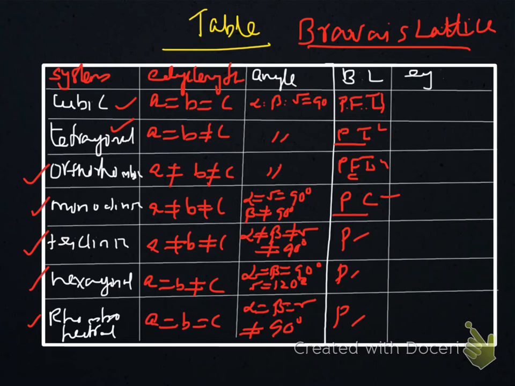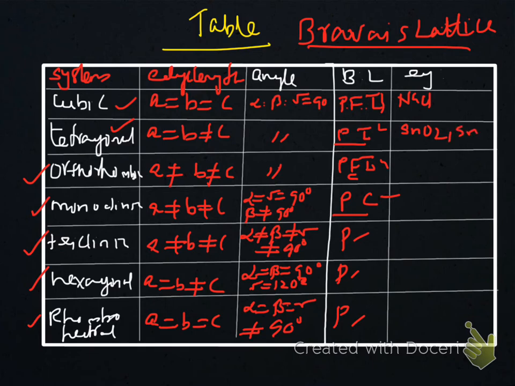As examples, for the cubic system we have sodium chloride, potassium chloride, etc. Along with it we can include alum, diamond, lead, gold, etc. For the tetragonal system we have tinstone, that is SnO2, and tin.